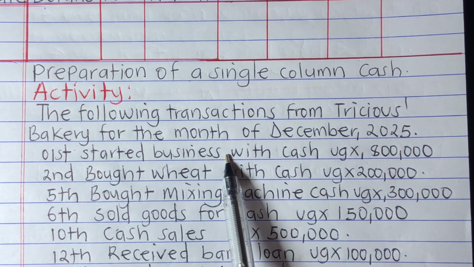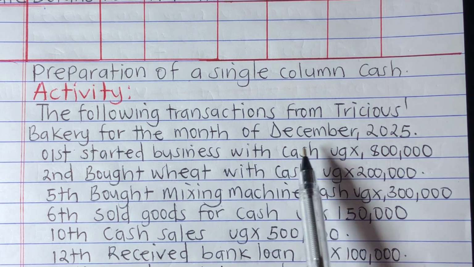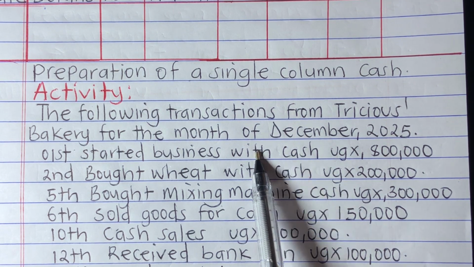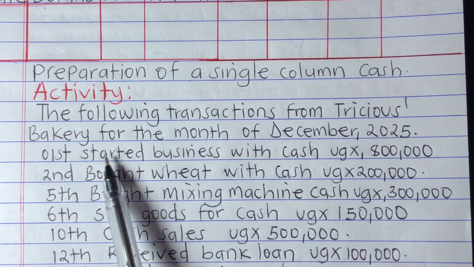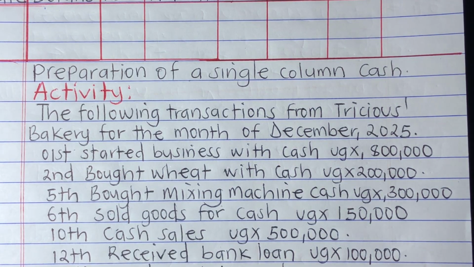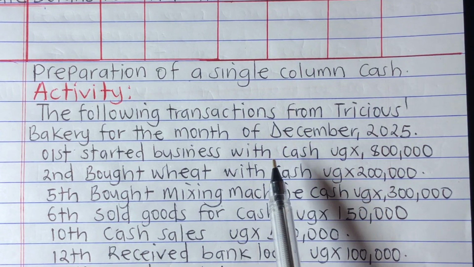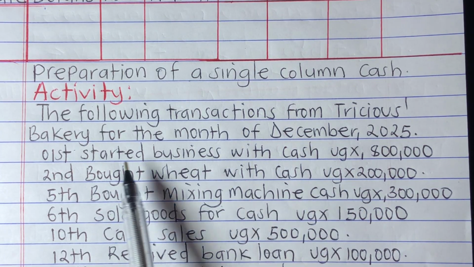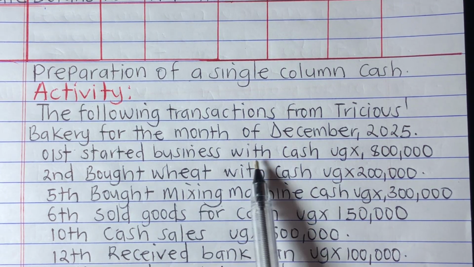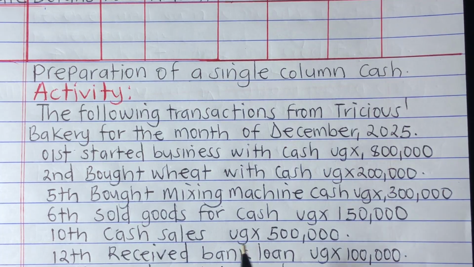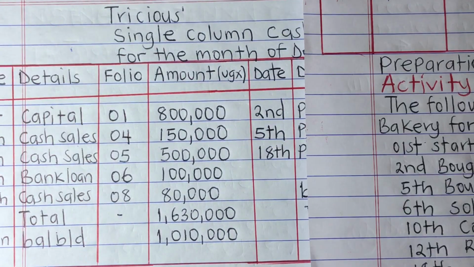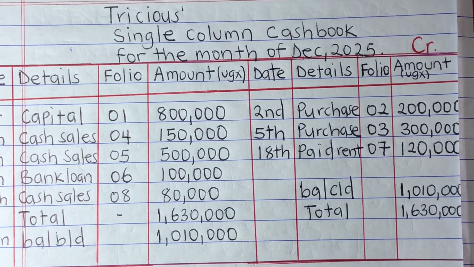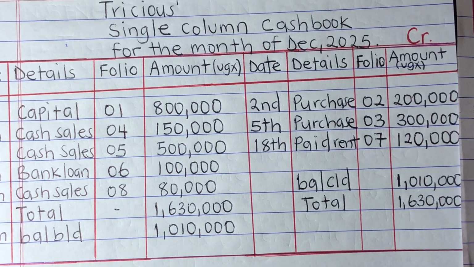The business is receiving cash from the capital account, so it is gaining money to start the business. We said that in a single column cash book, transactions that bring money into the business are recorded on the debit side, so started business with cash UGX 800,000 is going to be recorded on the debit side of the single column cash book, like you see it here.